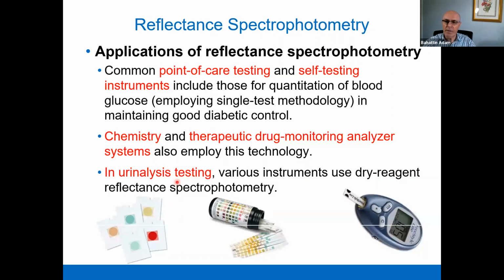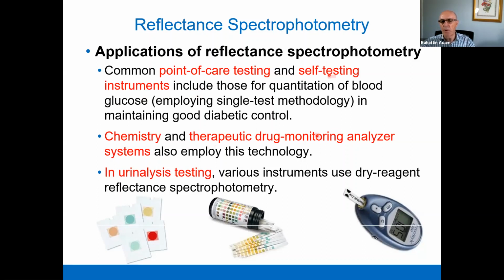Okay, there are several routine tests based on reflectance spectrophotometry, which are the most common tests that we use in our daily life. These are the common point of care testing and self-testing instruments, including quantitation of blood glucose in maintaining good diabetic control.